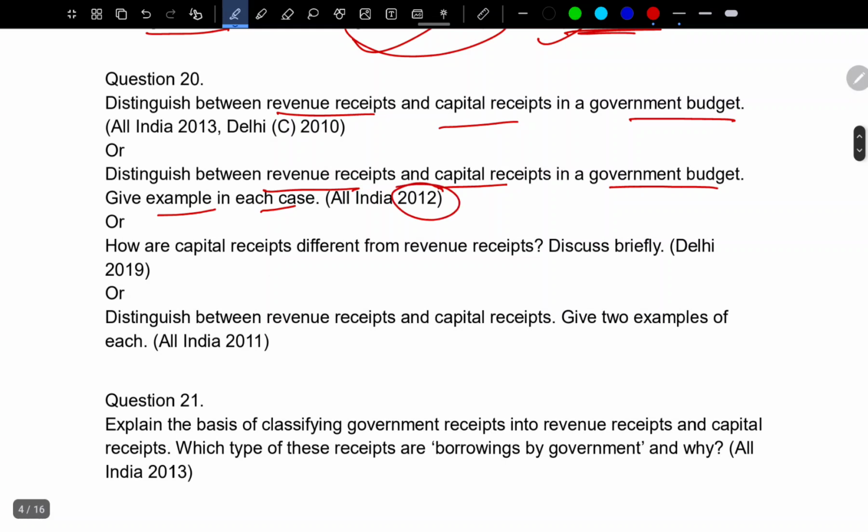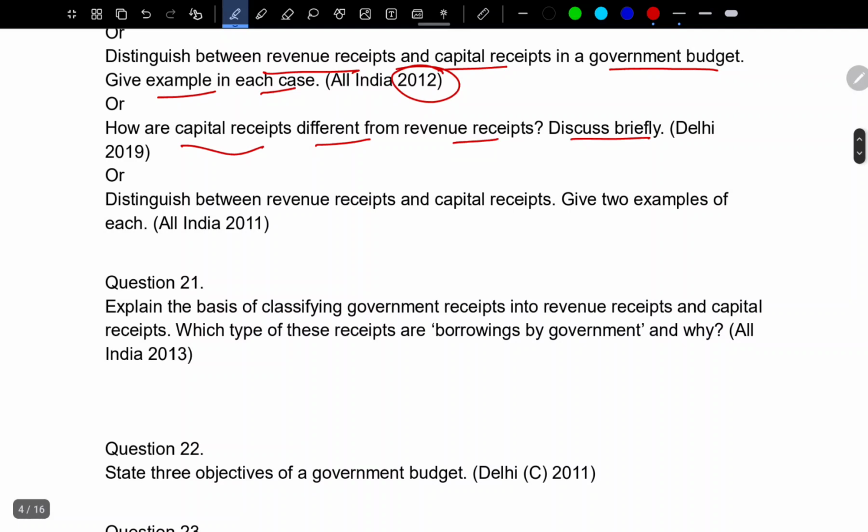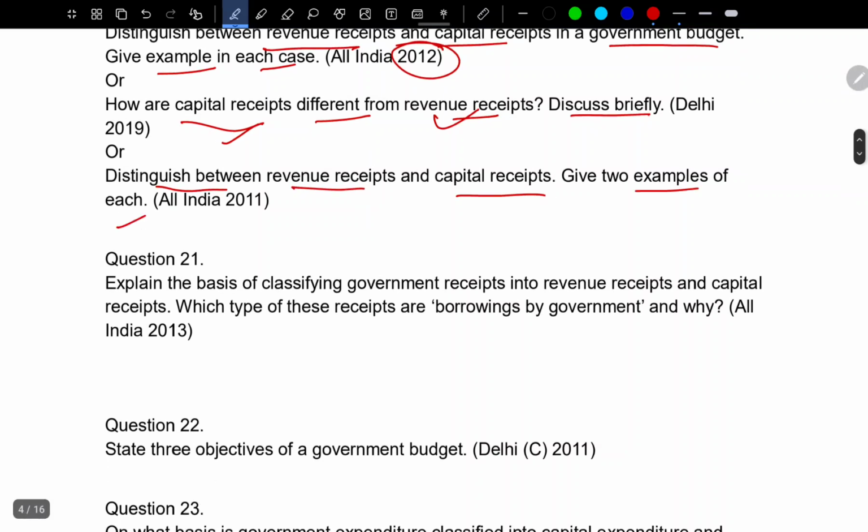Asked in 2012. How are capital receipts different from revenue receipts? Discuss briefly. Here we have to give examples to show how they are different, and again we have to give two examples.